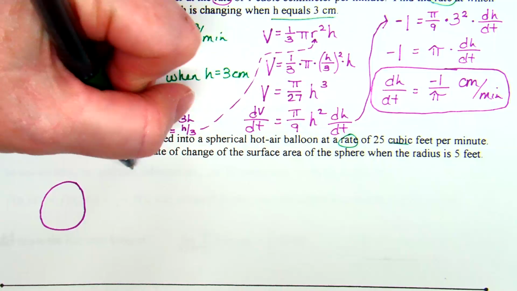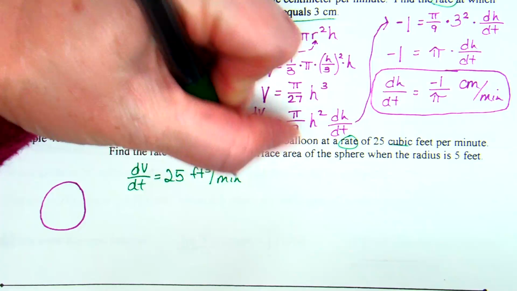You have to realize cubic means it's the volume that's changing. So dV/dt is 25 feet cubed per minute, and it's pumped in, so it's positive.